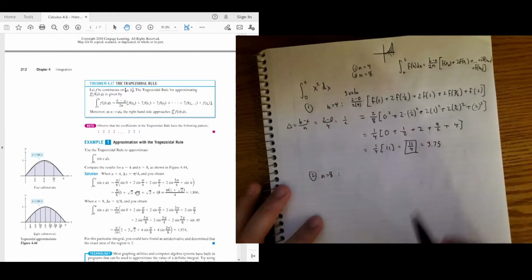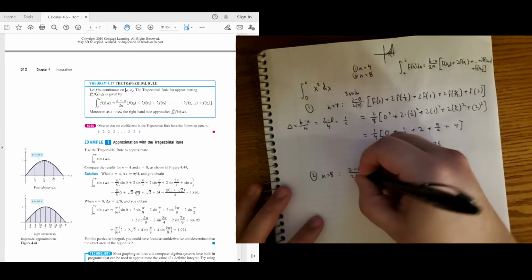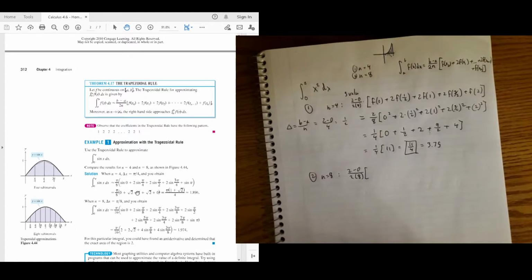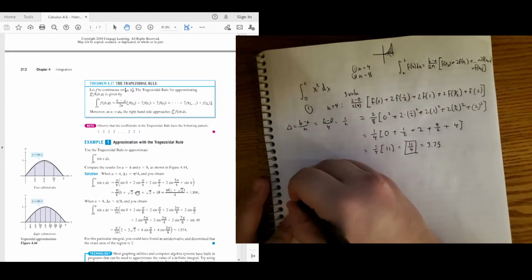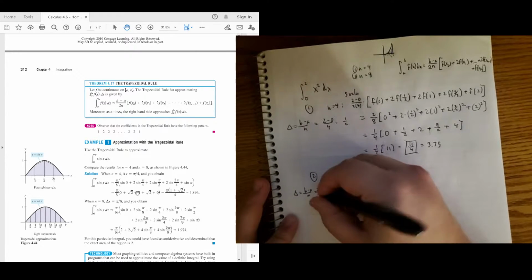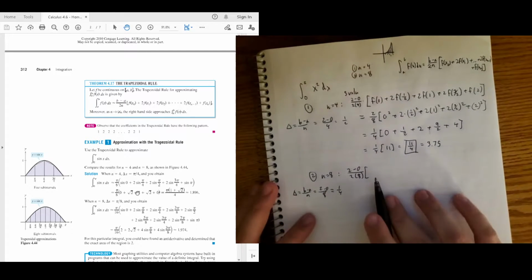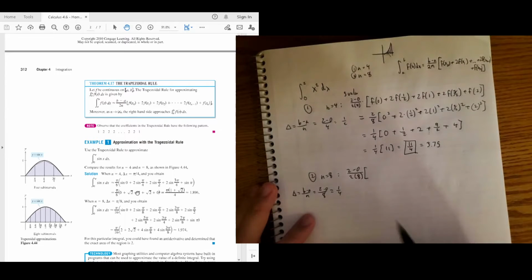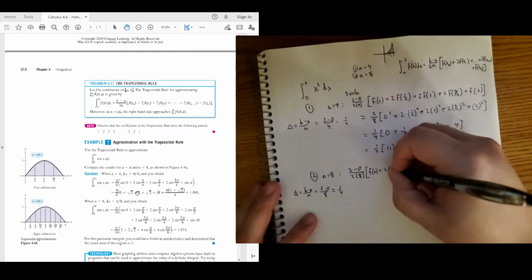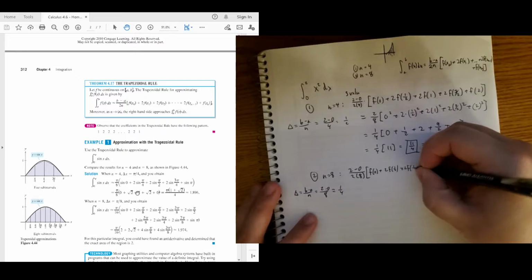So b minus a over n. So 2 minus 0 over 2 times n, parentheses. All right. Now our delta is going to be b minus a over n, which would be 2 minus 0 over 8, or 1/4. So now our numbers that are going to be plugged in here are going to go up by 1/4 each time. So we're going to have f of 0 plus 2 f of 1/4 plus 2 f of 1/2.